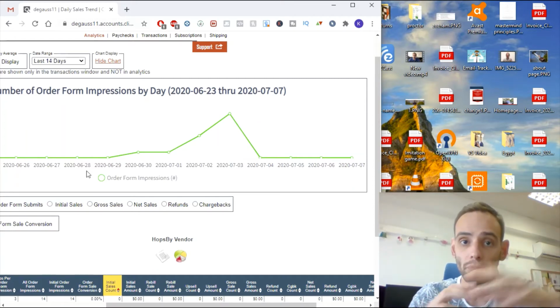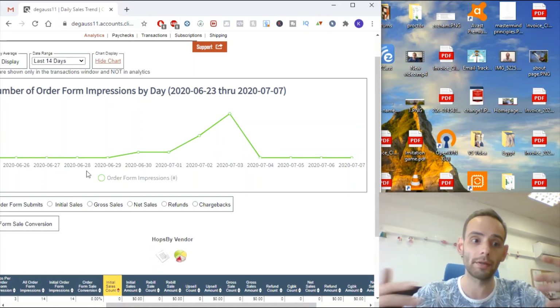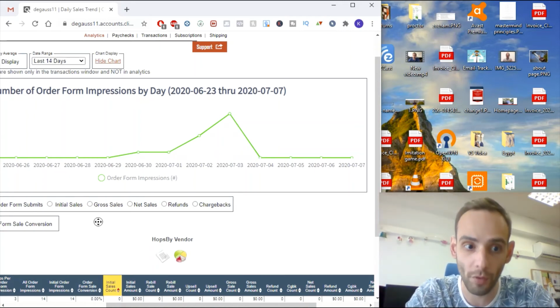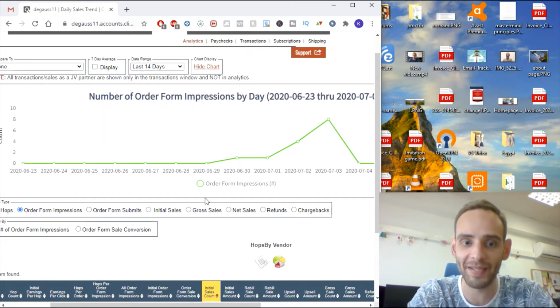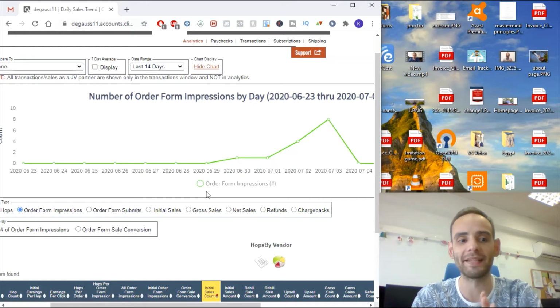They click on continue or go to checkout, and there is the order form. When that happens, that's one order form impression.